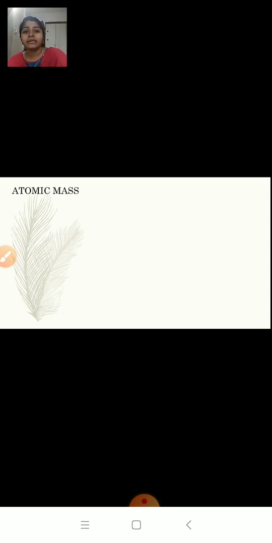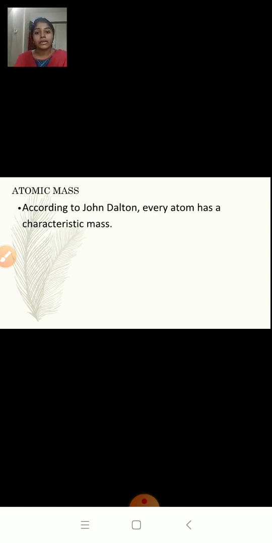Now this remarkable concept was given by John Dalton. According to Dalton, every atom has a characteristic mass. But it was very difficult to find the mass of individual atoms because atoms are very, very small. So for that reason, relative atomic masses of elements were found out.